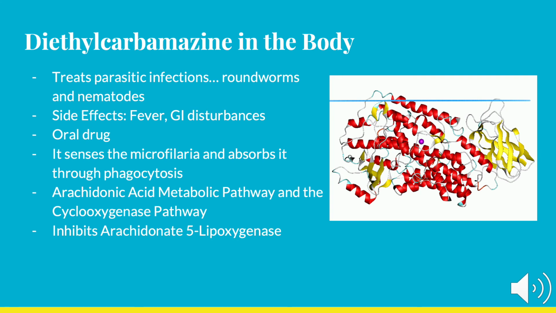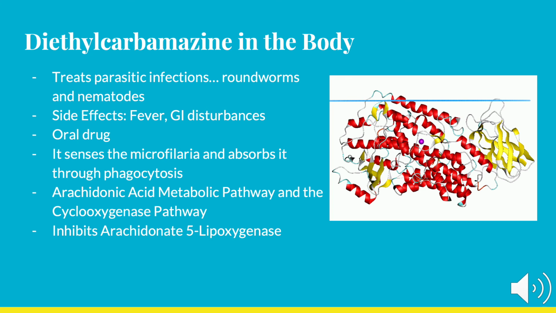This drug senses the parasitic microfilaria and attacks through phagocytosis, which basically means the microscopic organism is absorbed by the drug particles. Specifically, this medicine interacts with the arachidonic acid metabolic pathway and the cyclooxygenase pathway. It also inhibits the enzyme arachidonate 5-lipoxygenase.